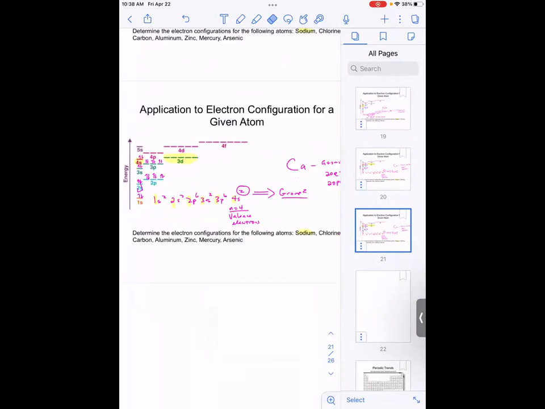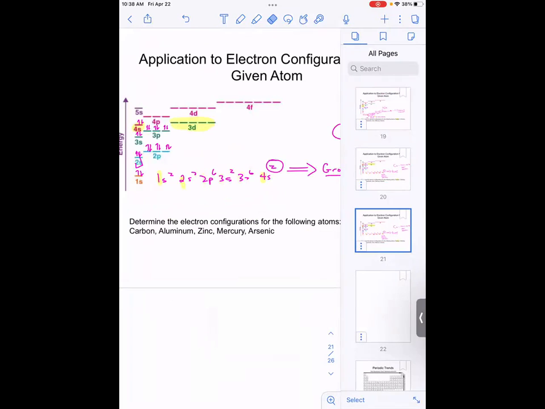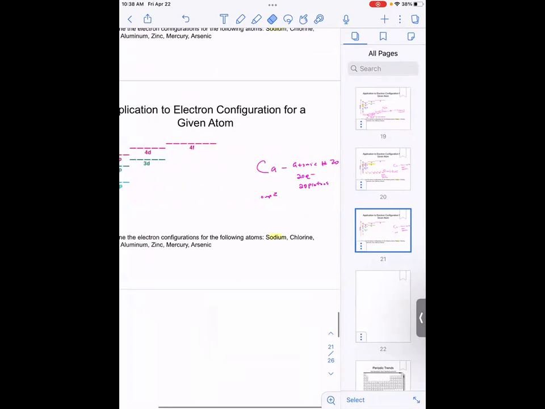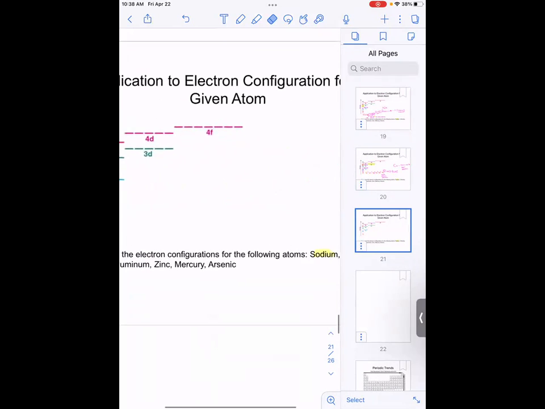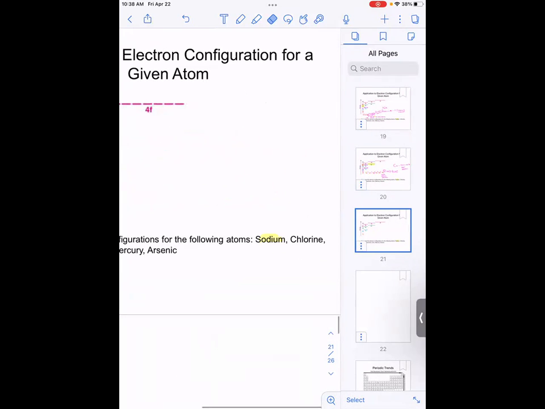And believe it or not, if you can do the electron configurations, it makes determining reactivity a whole lot easier, especially when you get to classes like organic, where you can figure out what electrons are going to be shared, where the bonds are going to be formed. Because all of your bonding takes place in the valence shell.